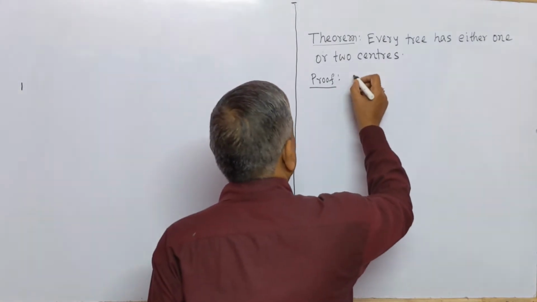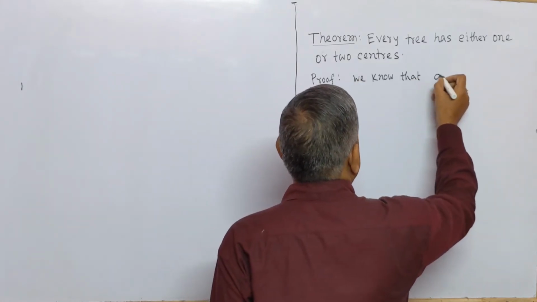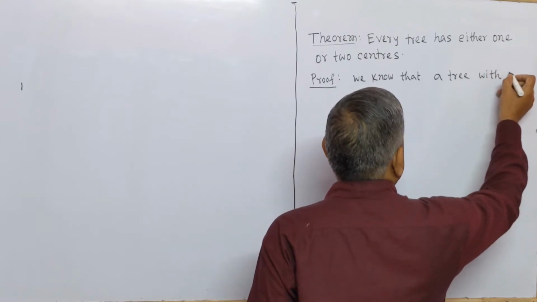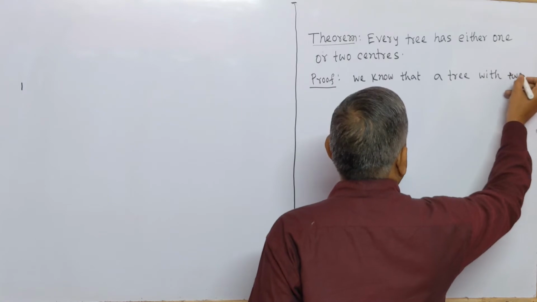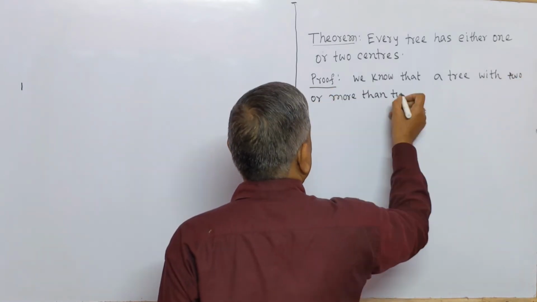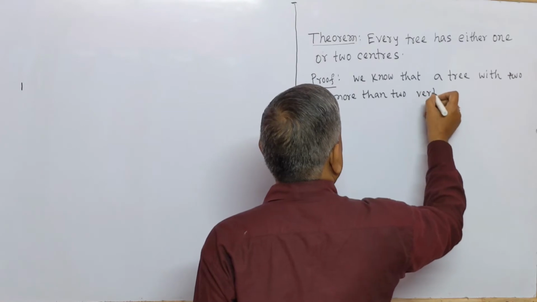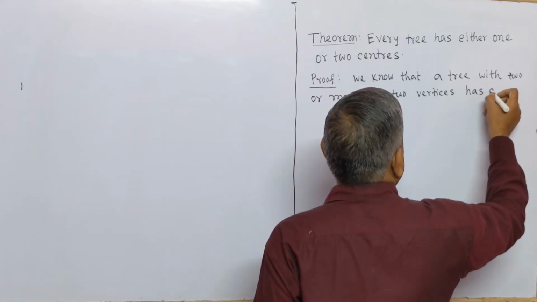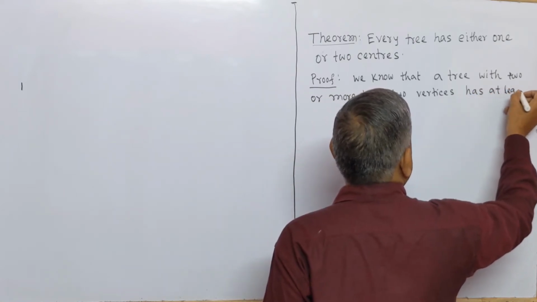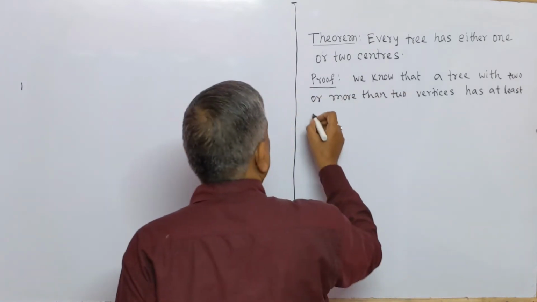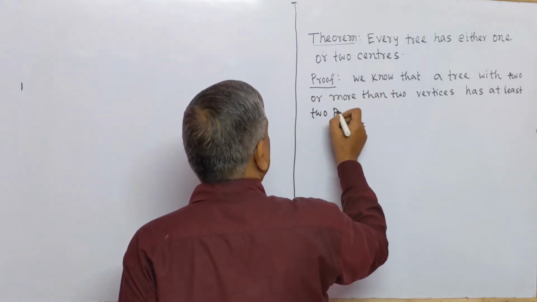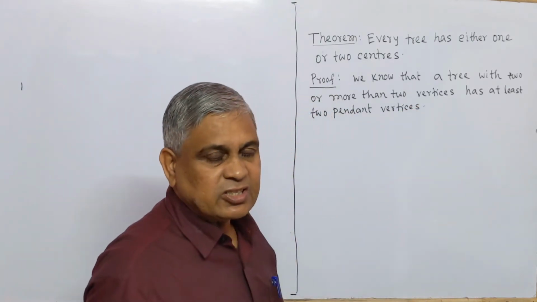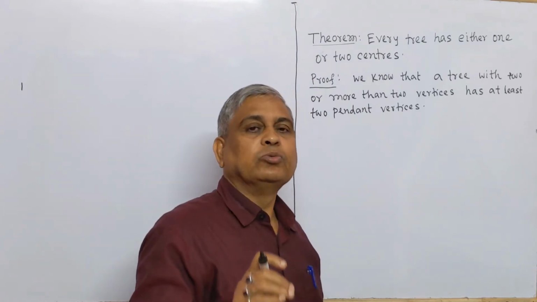We know that a tree with two or more than two vertices has at least two pendant vertices. Pendant vertices means the vertex with degree 1.